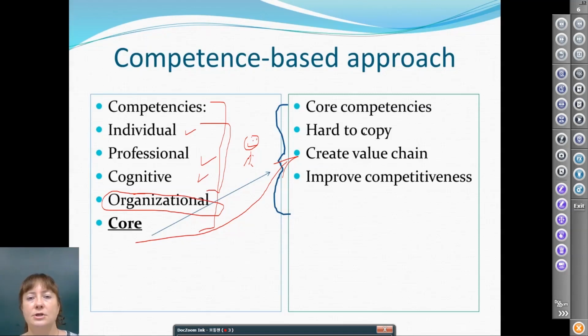It's not easy to just take this competence, take this technology and copy it to another area. Usually all these competencies are included in the value chain analysis of the company. So they impact values and help the project to add new values for the product or create new values. And of course in general these core competencies improve global competitiveness, so that's why we discuss this approach.